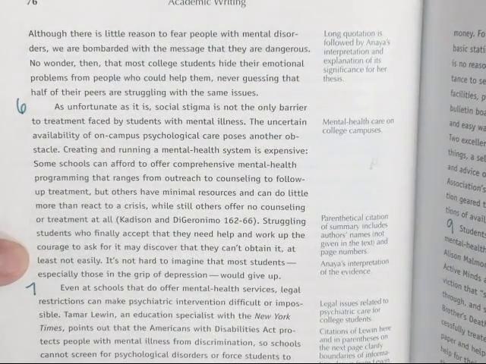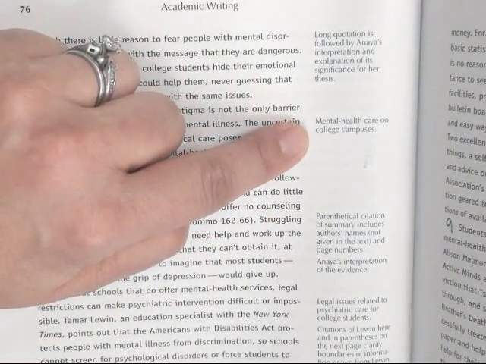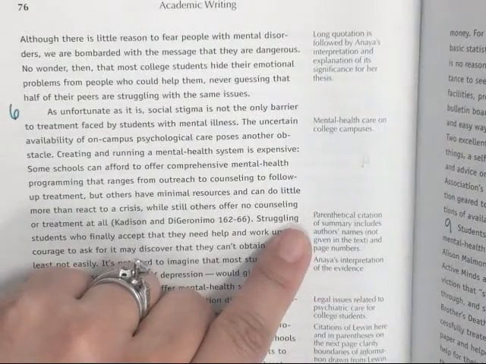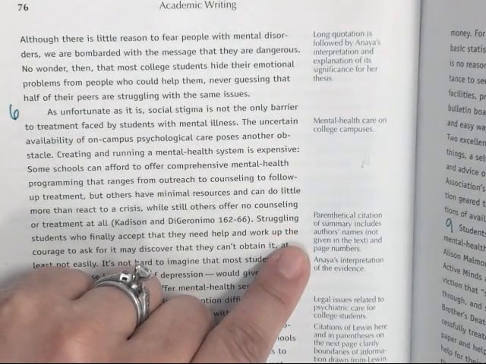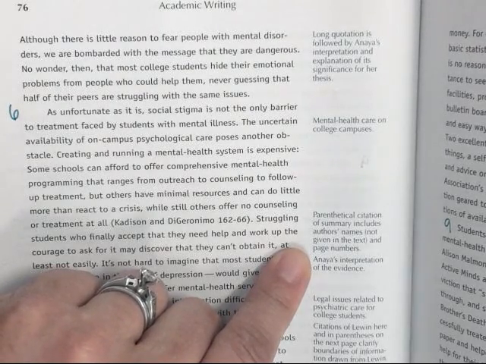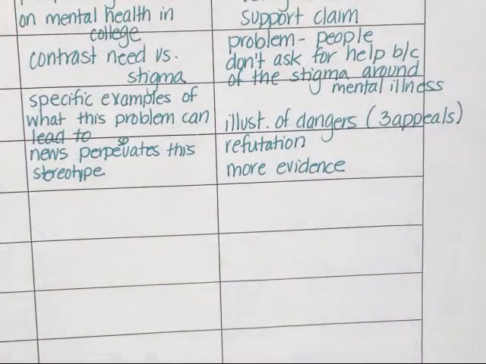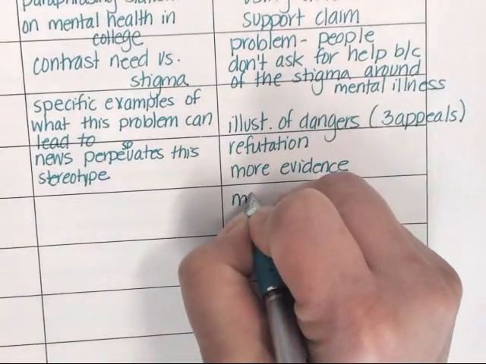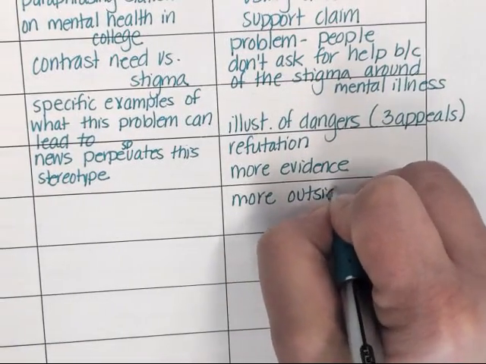All right, so additional information. She's looking at mental health care on college campuses and that availability. Her parenthetical citation of her summary includes authors' names that are not given in the text, and page numbers. If this source was electronic and did not have page numbers, it would only be the author names, and it's her interpretation of this evidence. So in paragraph 6, more evidence to support her claim, more outside research. We have another subtopic.